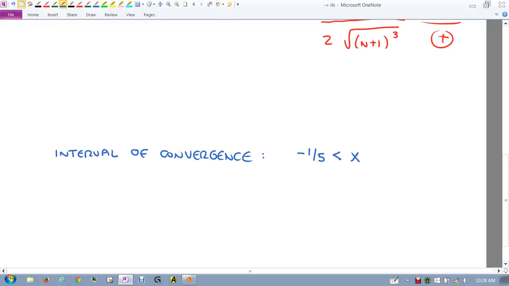X, do we include this endpoint? Did it converge? Yes, we do include that. So you could write it that way, or you could write it this way. Both of those are acceptable answers. And if you really want to get in there, you can say X is an element of that interval.